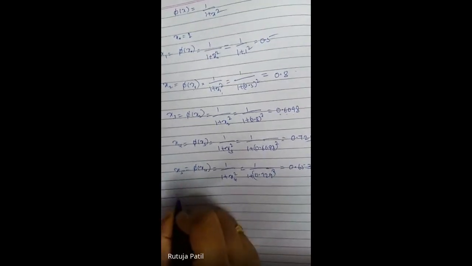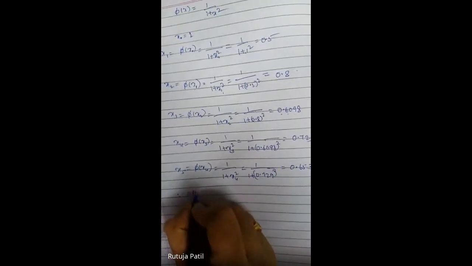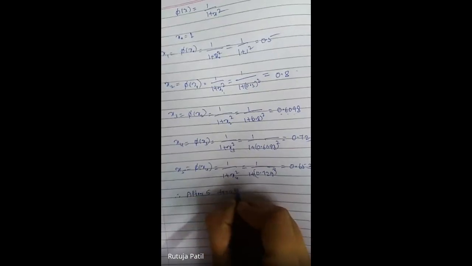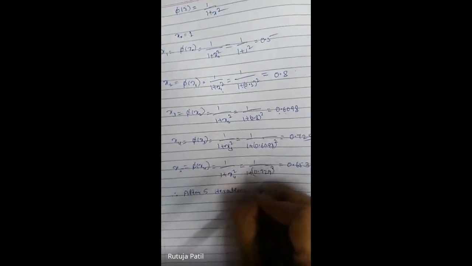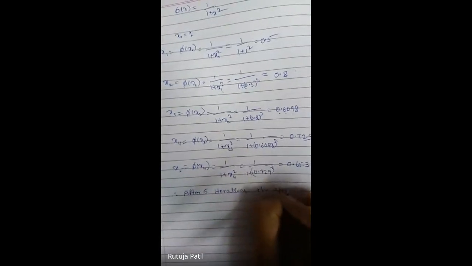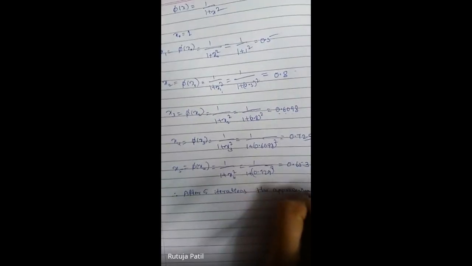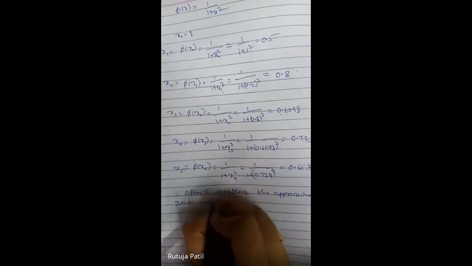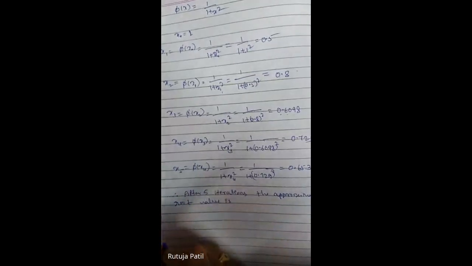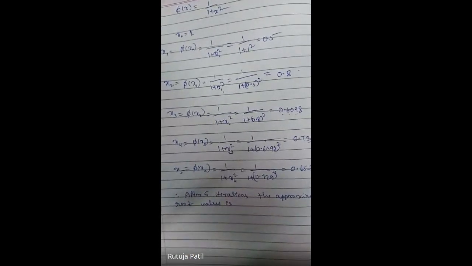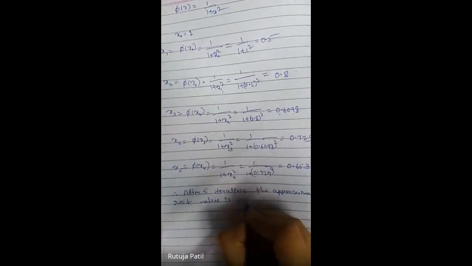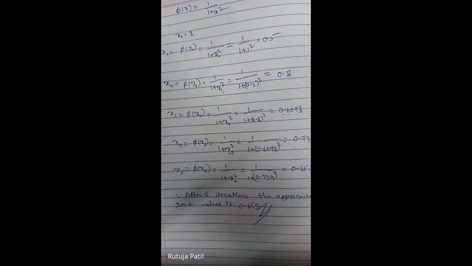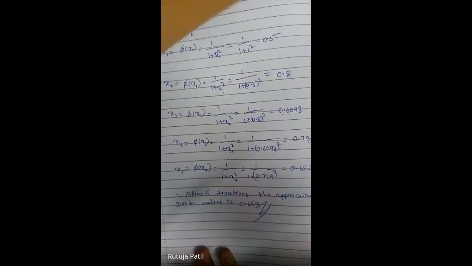So therefore, after 5 iterations, the approximate root value is 0.653. All right. So what are the things we have done in this problem?